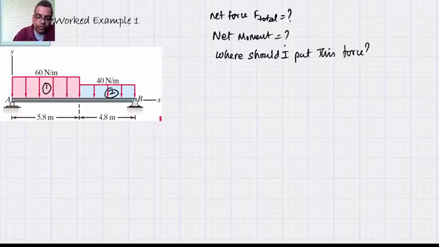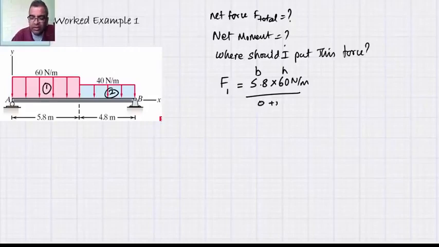Okay, for the first one, F1 will be, let's see, base is 5.8 times height is 60 newton meters. This is base, this is height divided by 0 plus 1. Of course, I am doing it in a silly way, but you know what I mean, right? It's base times height, which turns out to be 348 newtons.